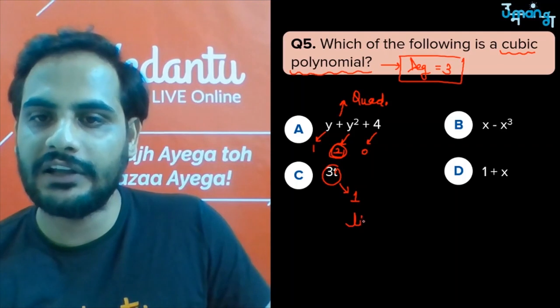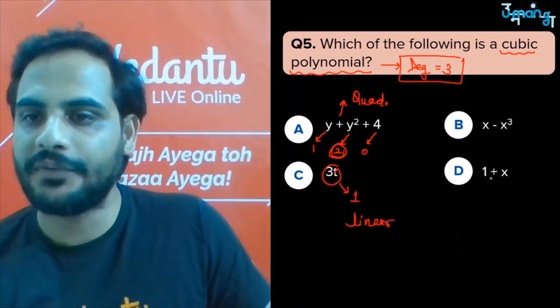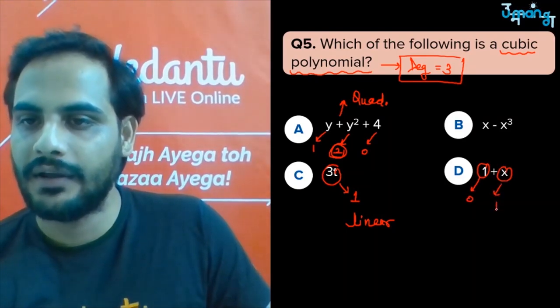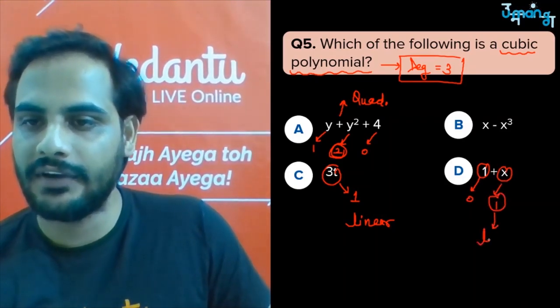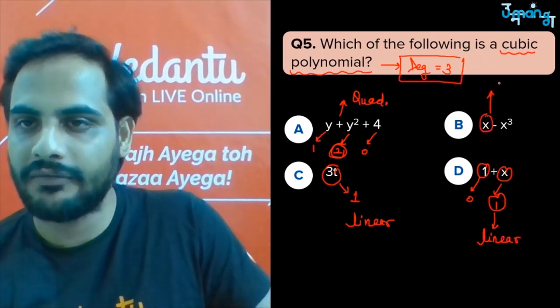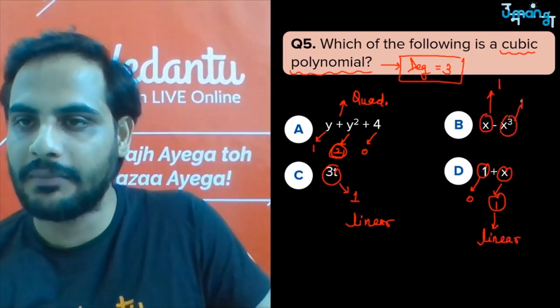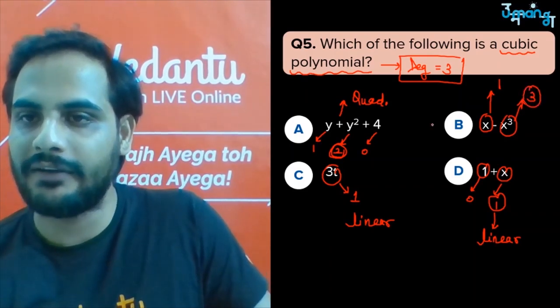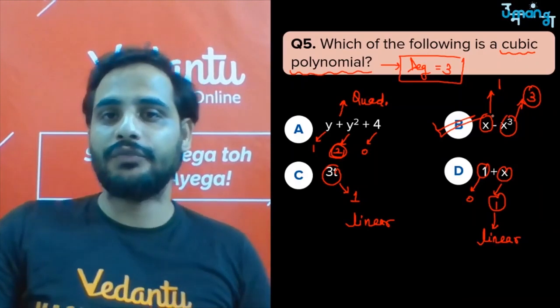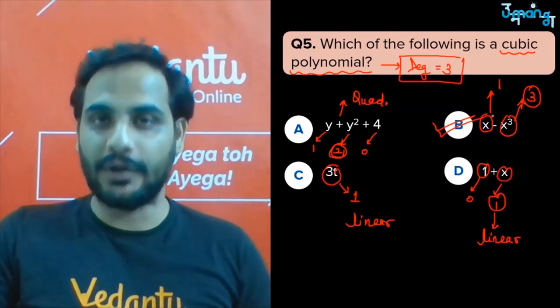So it is a linear polynomial. Option D, 1 plus x. Here power is 0. Here power is 1. Highest power is 1. So I can say it is again a linear polynomial. But in this case, power of variable is 1. Power of the variable is 3. Highest power is 3. So it will be cubic. So option B will be your cubic polynomial.